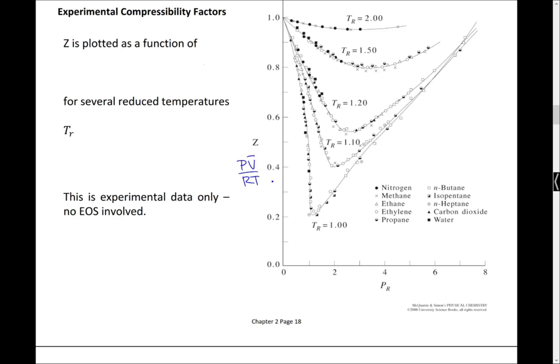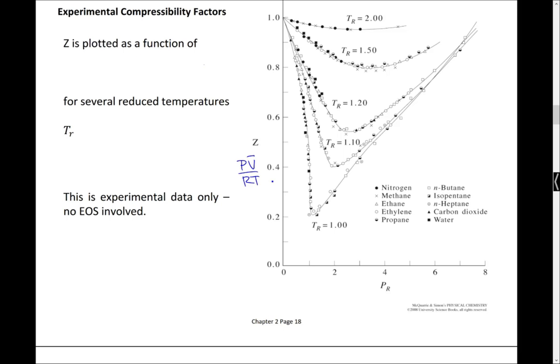So let's focus on this particular curve. What I have are a whole mess of different gases, and we can see that we've got quite a variety. Water's got strong intermolecular forces, carbon dioxide weak, and heptane, a big organic molecule, ethane, methane, nitrogen. So we have a whole variety of different intermolecular forces, different gases that we expect to have different properties.